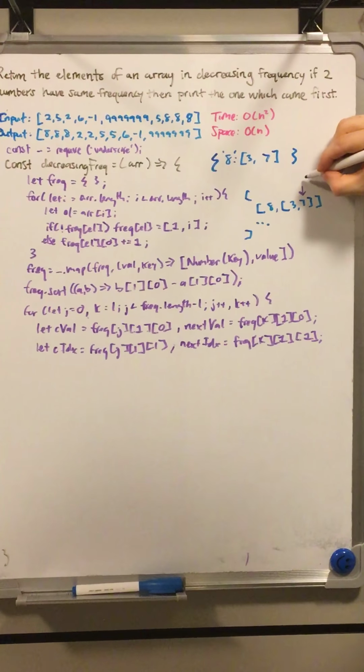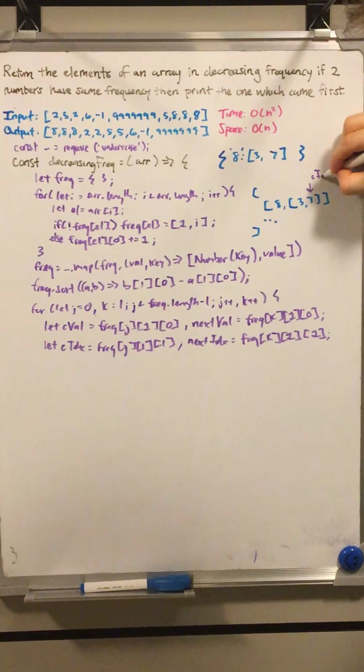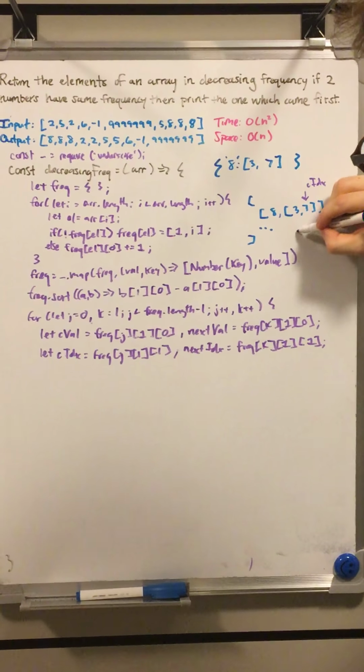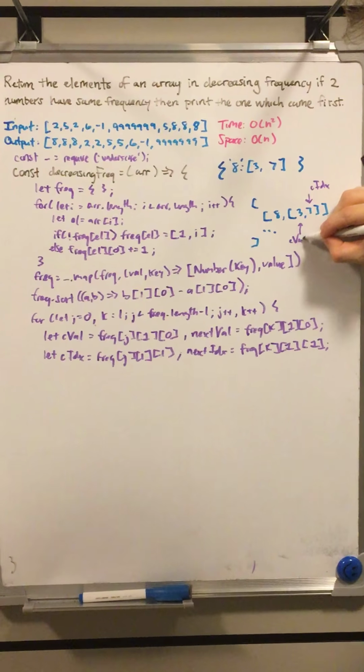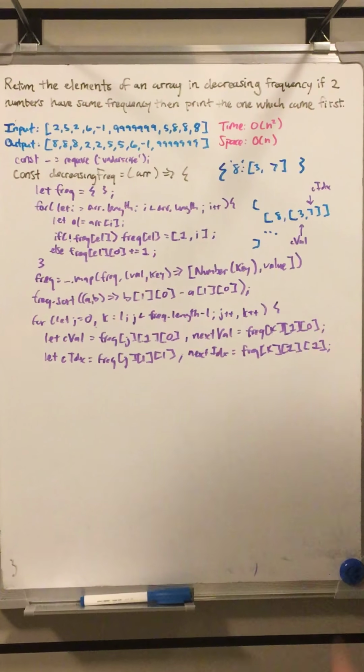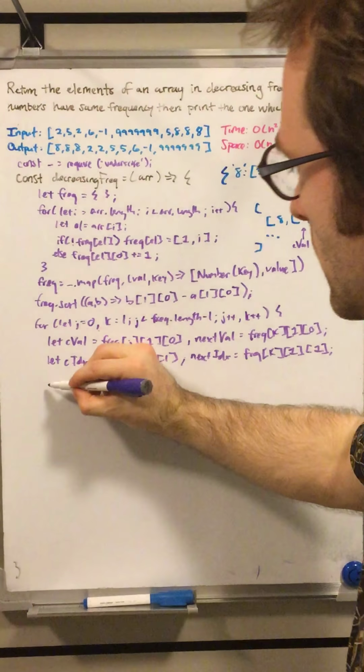So this is going to be the current index, and this is going to be the current val. That's all we're saying. This big old jumbled up thing, that's all we're saying.